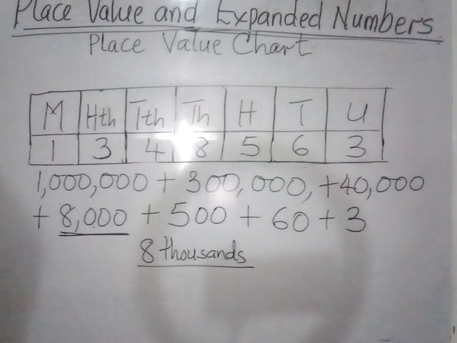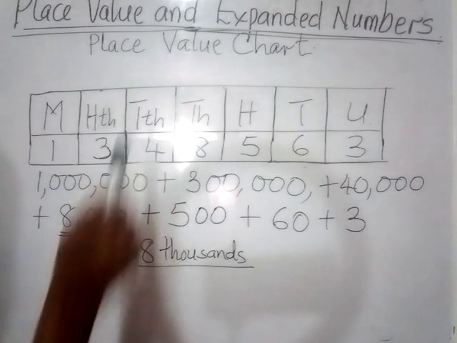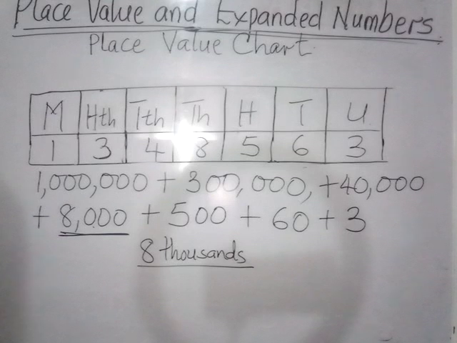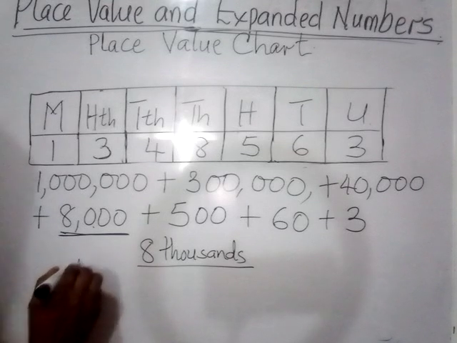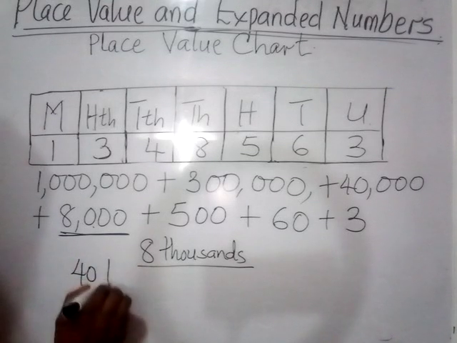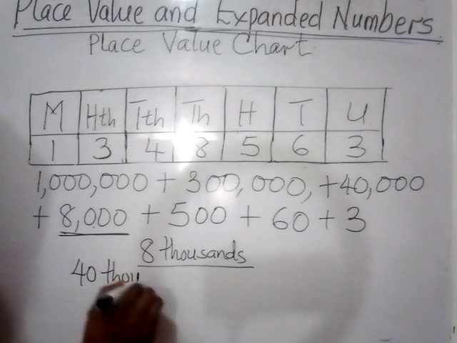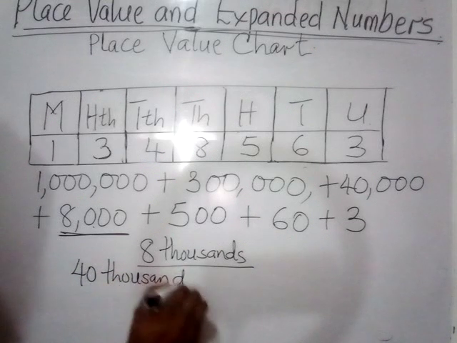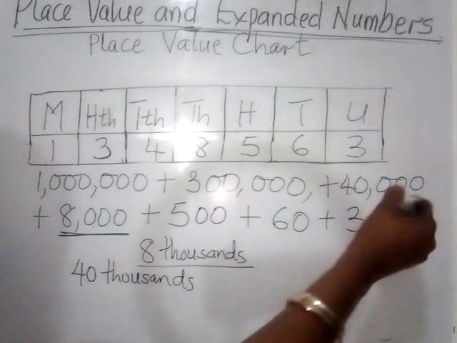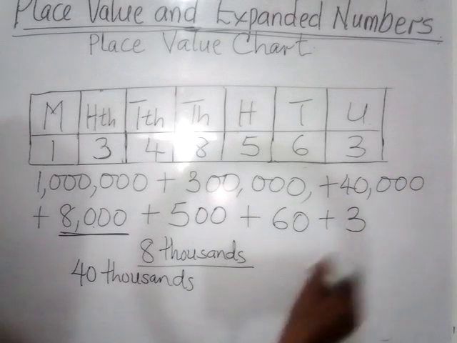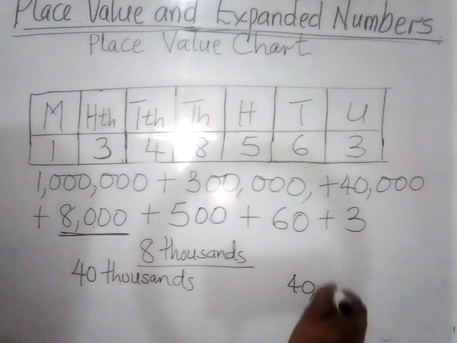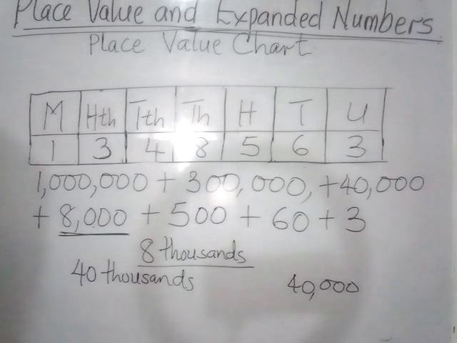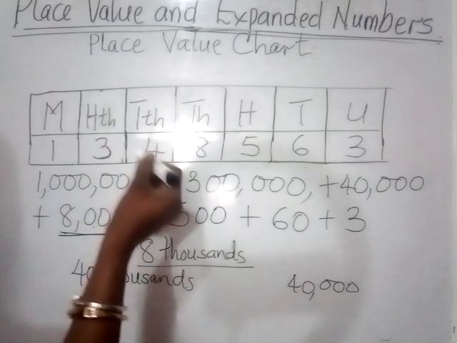If you are asked what is the value of the digit 4 in this number, the value is 40,000. You can write it like this, or you simply write it out the way it is right here on the board. 40 and then your 3 zeros, which places it in the family of 1,000. So this is 40.